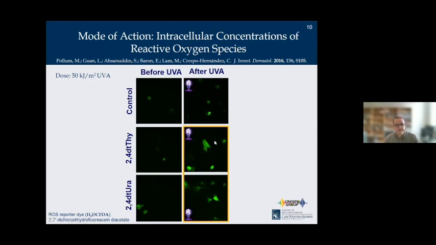As you can see here, when you have both the light and the photodrugs, and using two different photodrugs here, 2,4-dithiouracil and 2,4-dithiothymidine, both of them generate significant reactive oxygen species, and so at least part of the photosensitization event occurs through reactive oxygen species.